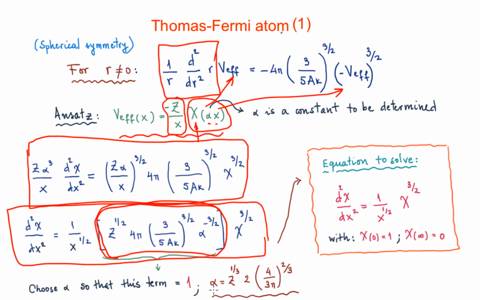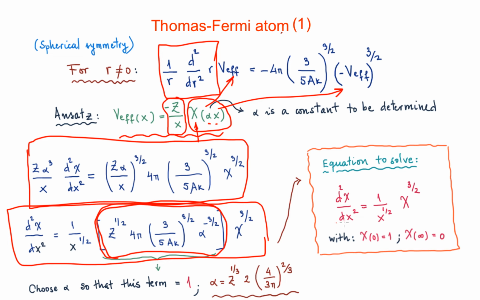Basically, this is done for aesthetic reasons, in order to make the equation look much simpler. So considering that specific alpha value, the equation that this t function satisfies is this one.